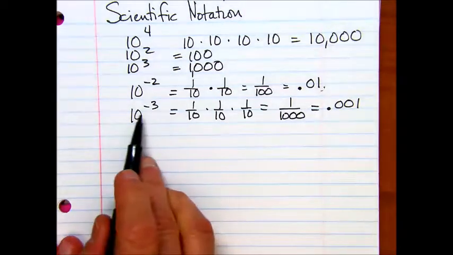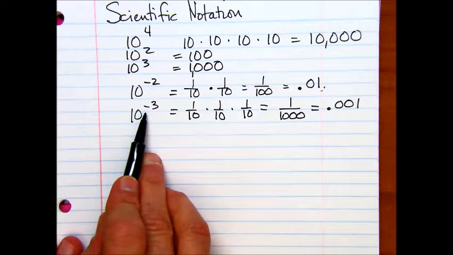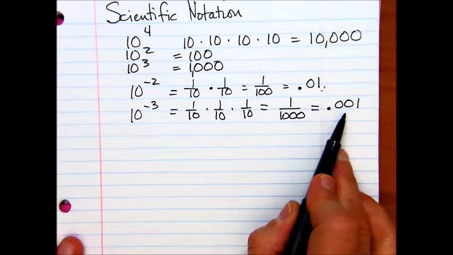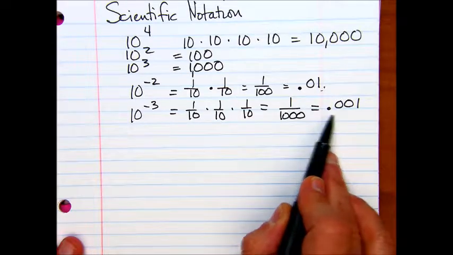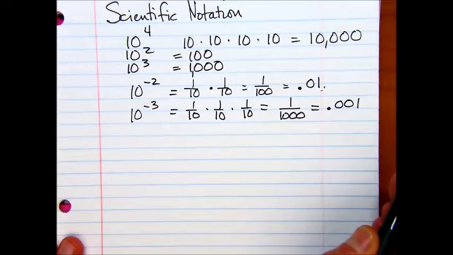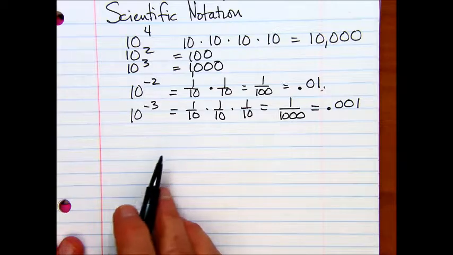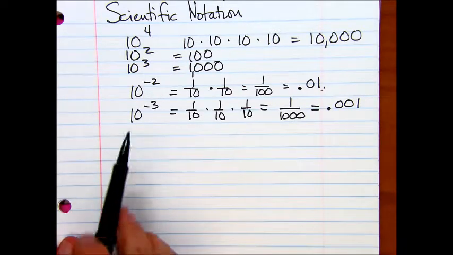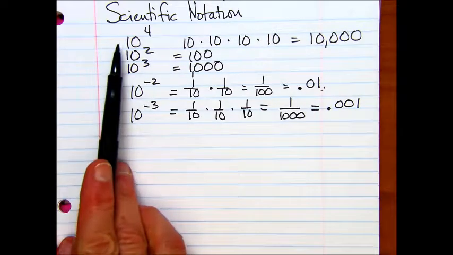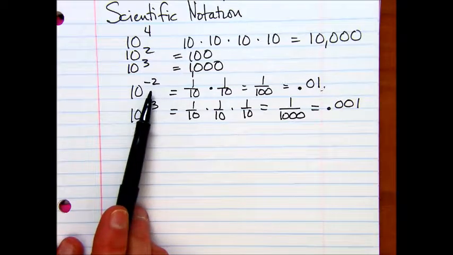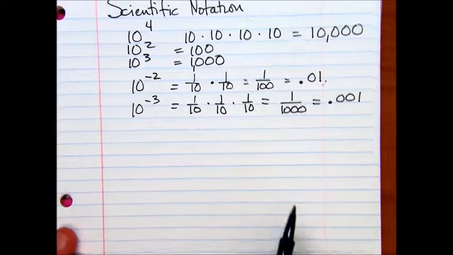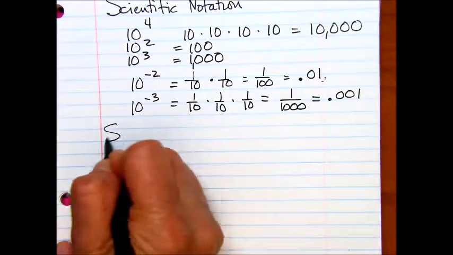So in this case we've got a negative 3 exponent, but we only have 2 zeros before the 1. Okay, but there are 3 place values, if that helps. Okay, so that's just a little review of how to evaluate exponents, whether it's a positive exponent or a negative exponent. Now let's talk about scientific notation.